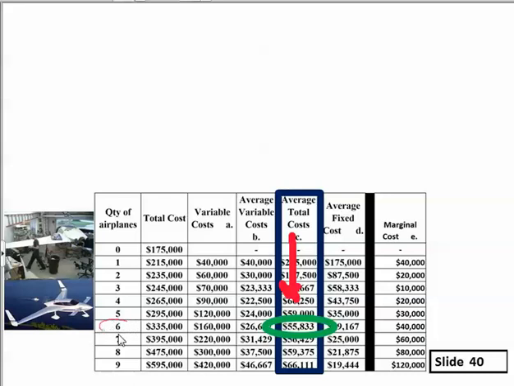So we know if we can function at that level, if we can get at least that price, then we're going to produce 6 units. We're going to cover all of our costs, including a fair return to our investors, but we won't make an economic profit.